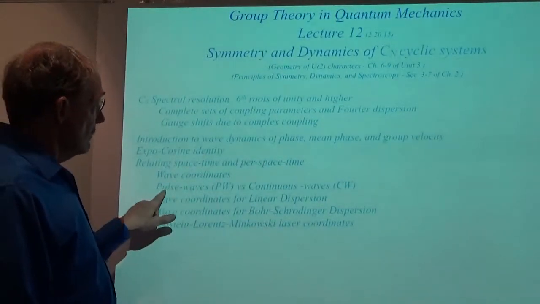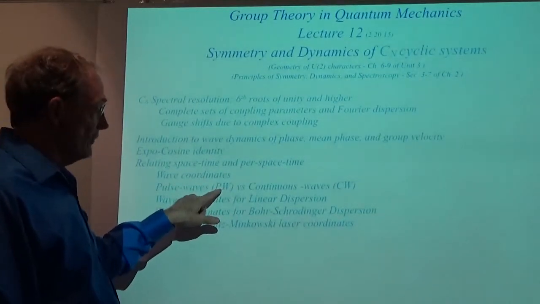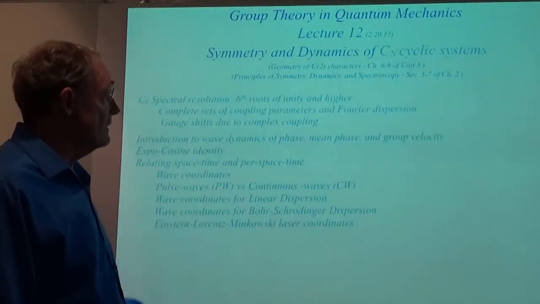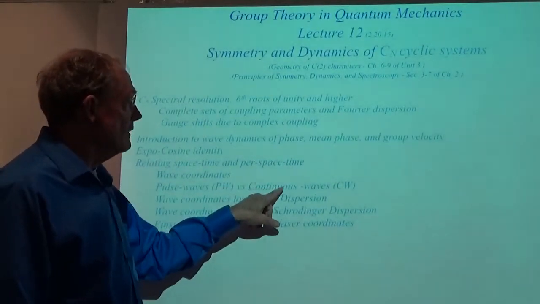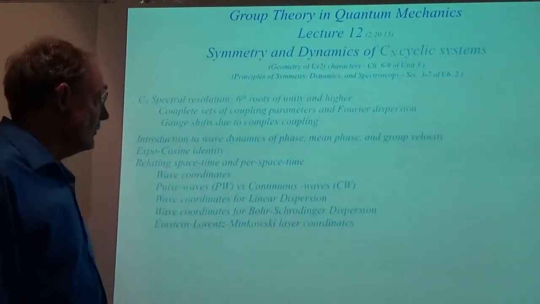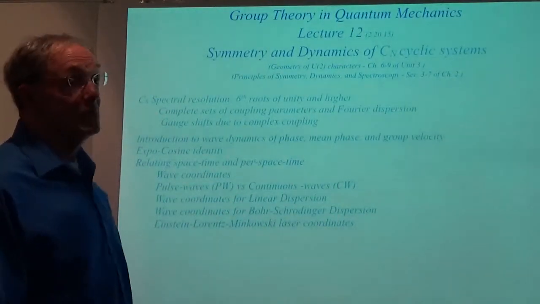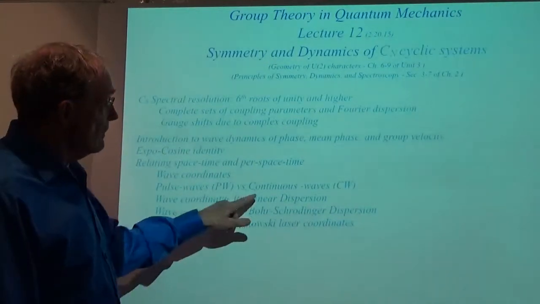And then look at the difference between wave packets and pulses, which are going to be the main topic of lecture 13, which follows this one, and the continuous waves, the comparison of those two extremes of Fourier analysis, basically. And we'll come back to linear dispersion.